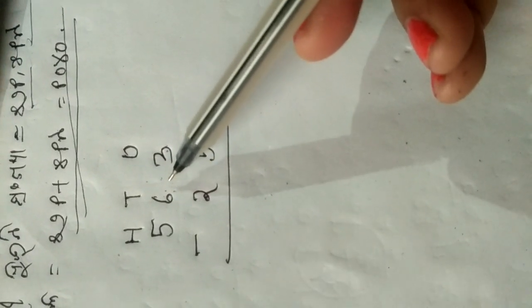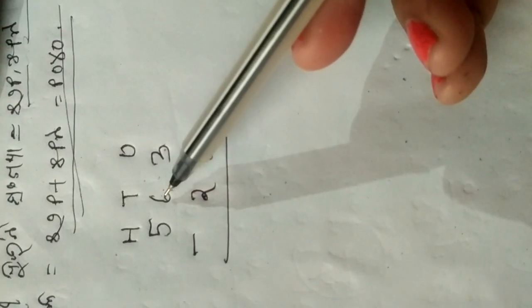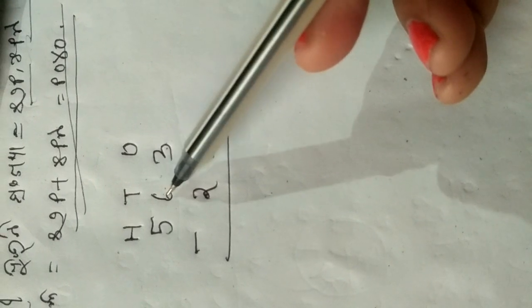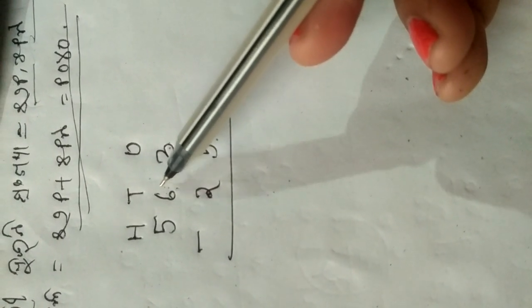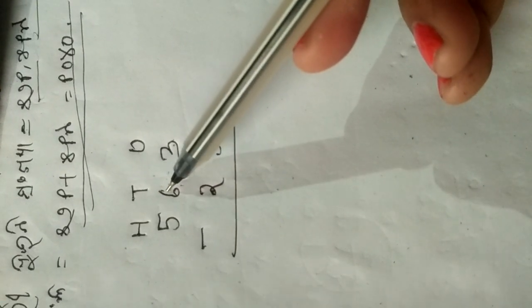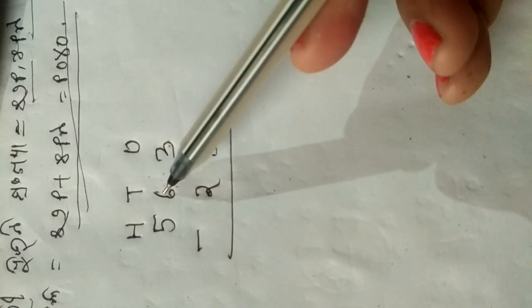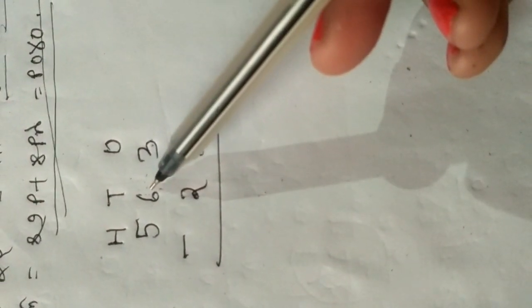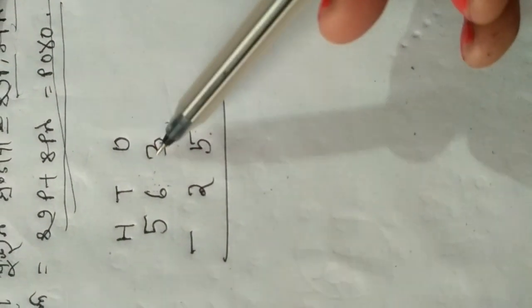Look carefully. We take one ten and add it to 3 ones.